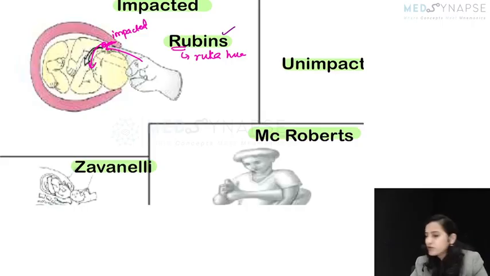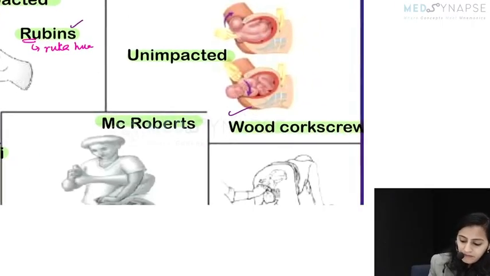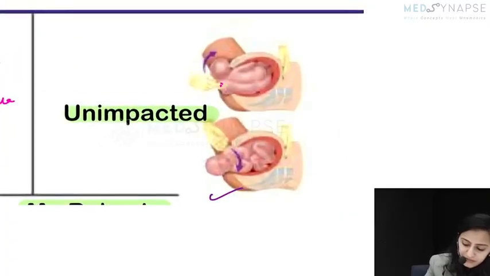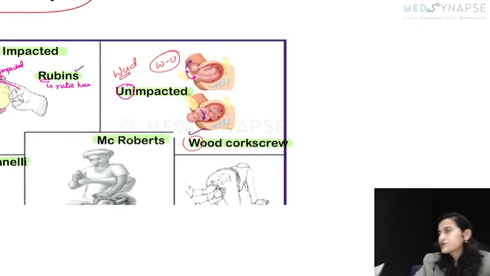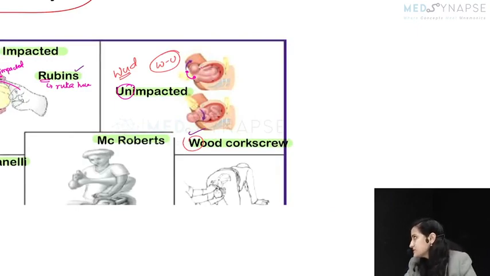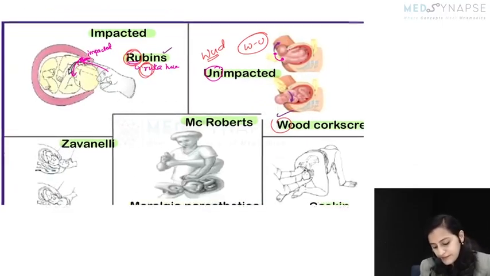Impacted pubic bone के वहां जो है रुका हुआ उसको टर्न कर रहे हैं. Woodcock screw में the hand is here, pubic वाला नहीं, it is unimpacted. So remember Woodcock screw is W and U coming together. So it is unimpacted. Rubens is रुका हुआ, Woodcock screw unimpacted.